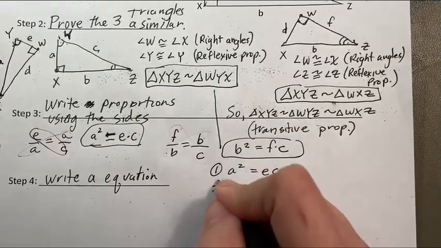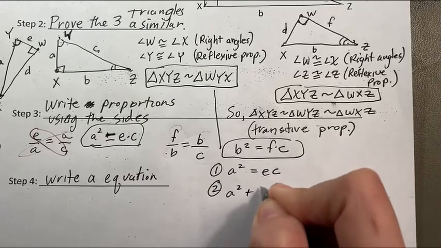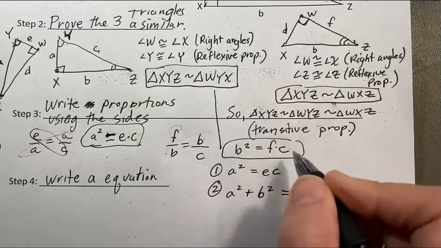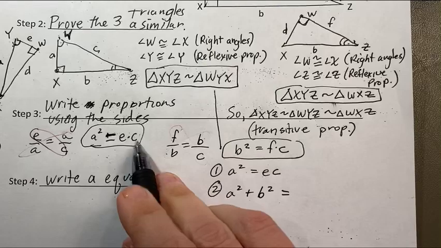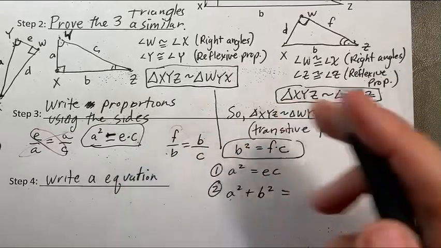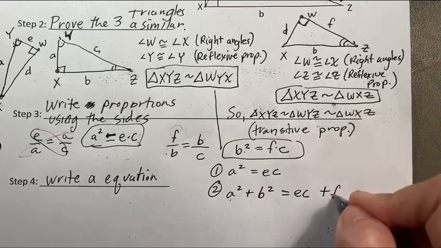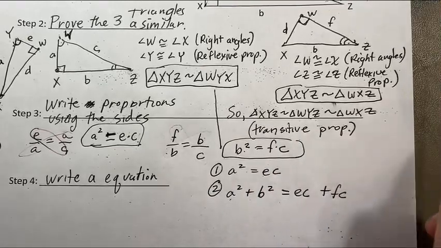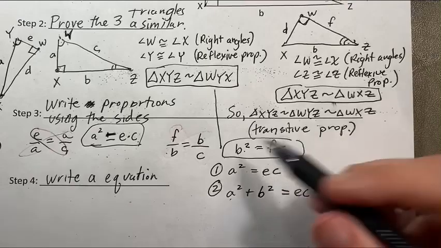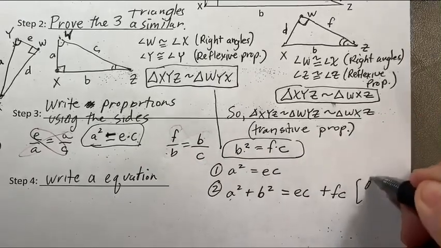So if we added these two equations, A squared plus B squared, it would equal to A squared we know is EC, and B squared we know is FC. So we're really just using the addition property to combine these two together.